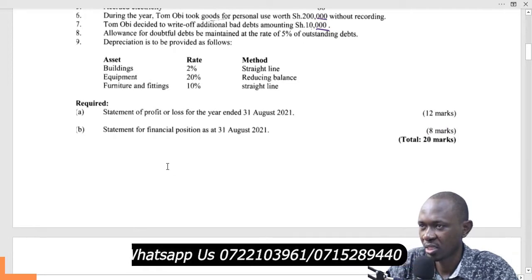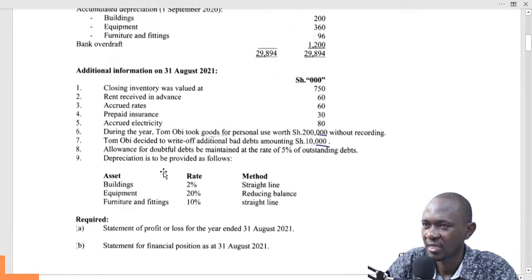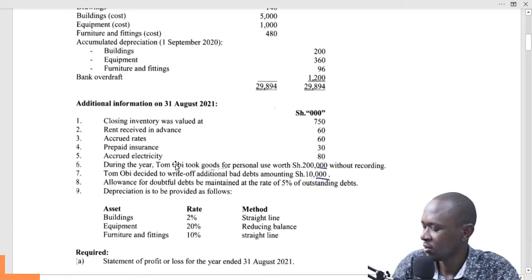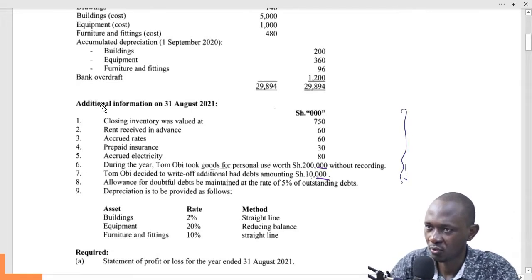We are supposed to come up with the statement of profit or loss for the year ended 31st August 2021 and the statement of financial position as at that date. Now these workings, as you can see, are not that complex, so we'll just go straight to the question and try to factor all of them in. Just go through the additional information, make sure that you have all of them at your fingertips.